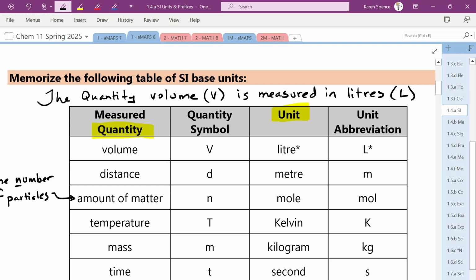So if I have a graduated cylinder, I will be measuring in milliliters, which is another form of liters. You guys get a second to write that down.